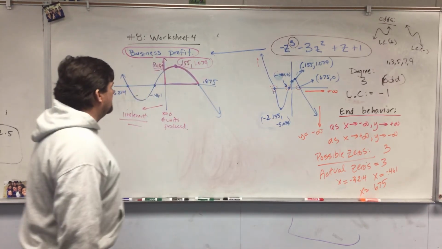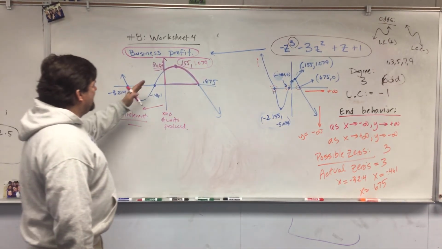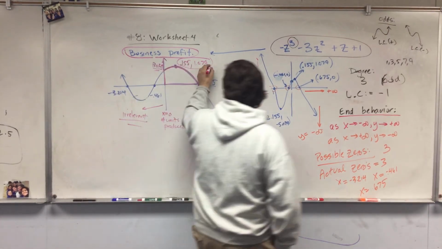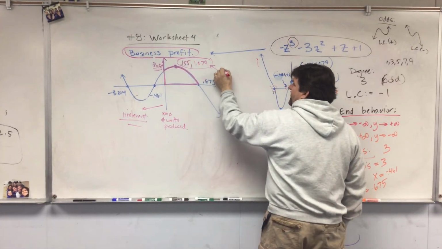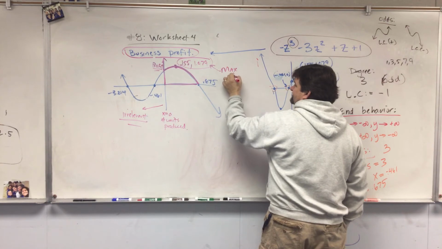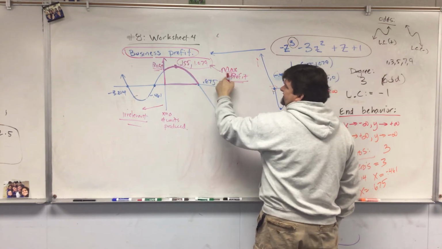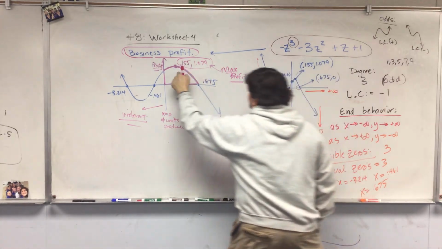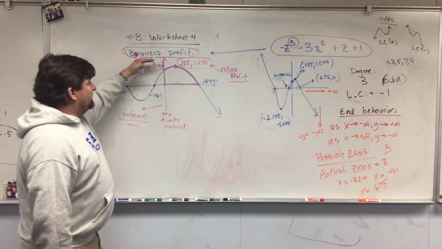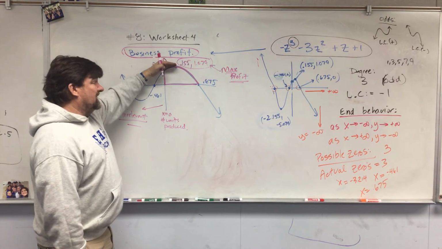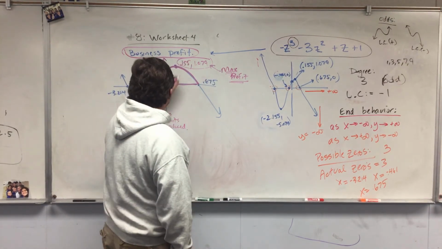So basically, what we're saying is that I'm going to get a maximum, this is my max profit. This is my max profit here because it's the highest point on the graph. Remember, we're business, so we want the most possible, so that's my max profit.